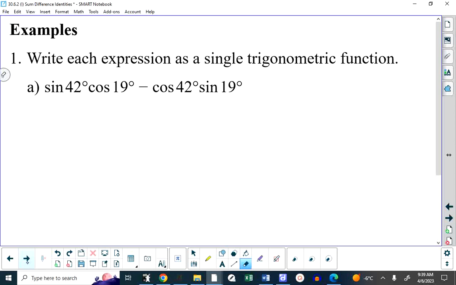You're looking for an identity that matches this pattern, that has the sine of an angle times the cosine of an angle minus the cosine of the first angle times the sine of the second.